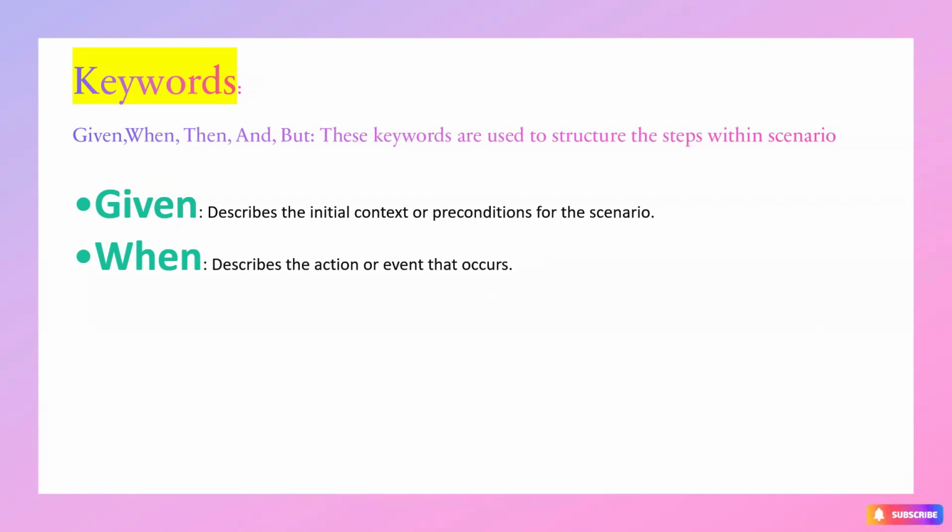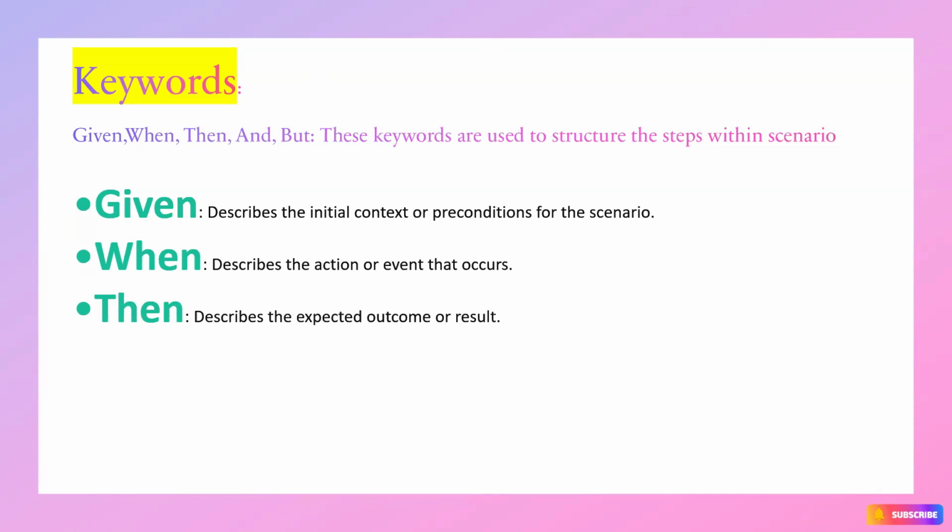That means when user click on login link, that is one action or event in the application. When user enter data into the username field, when user enter the password. So these are a bunch of steps, a bunch of actions. Okay. In that case, you can use when.